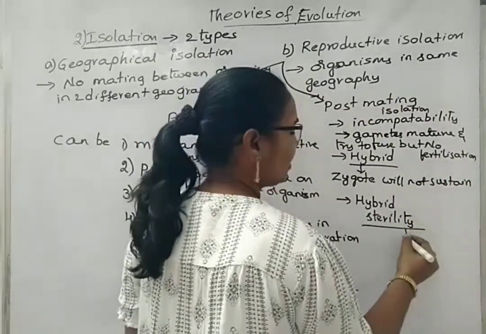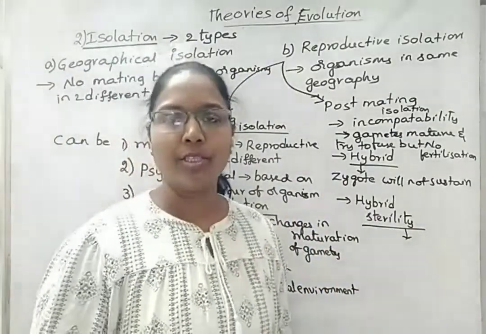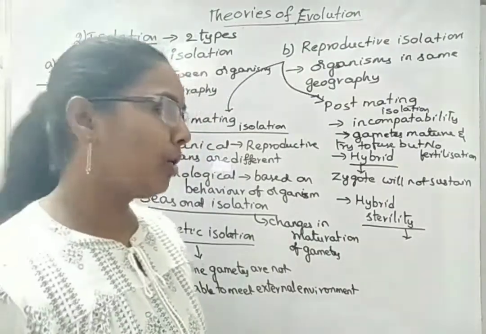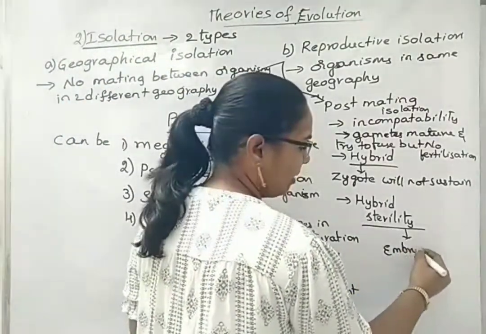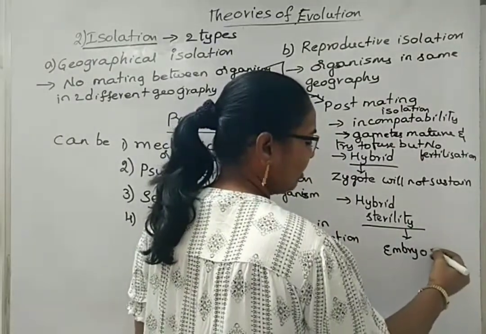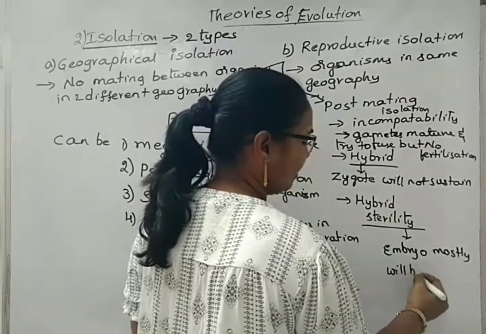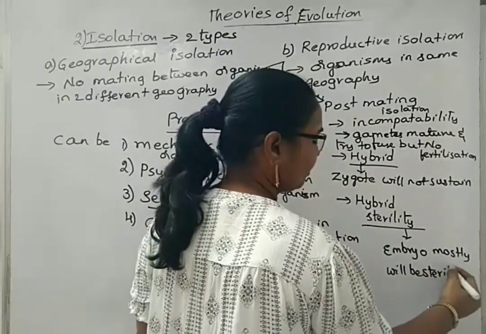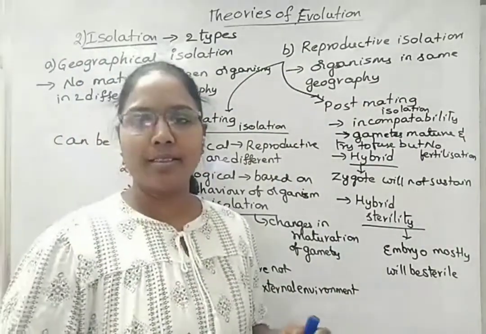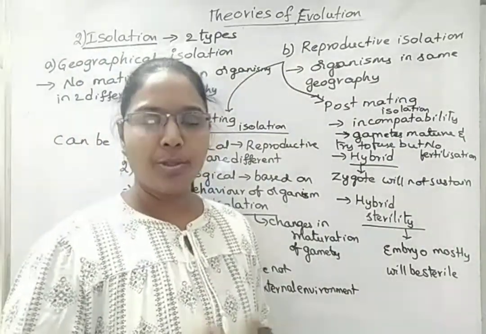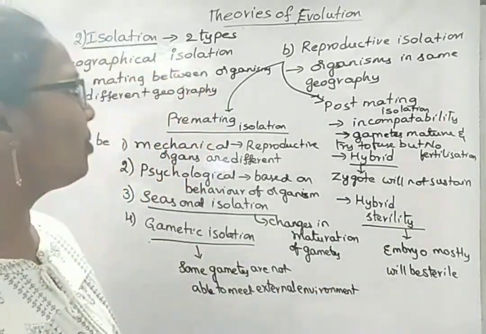Another one is hybrid sterility. The zygote develops into an embryo, but the embryo is mostly sterile, meaning there is no point of it giving rise to new offspring or next generations. So this is about isolation.